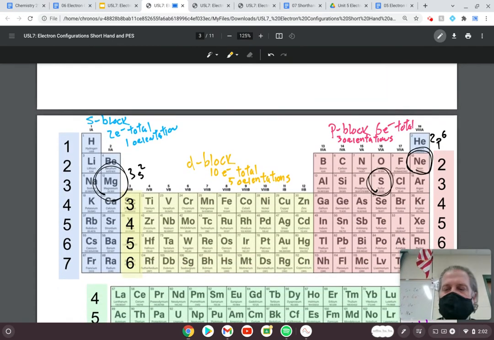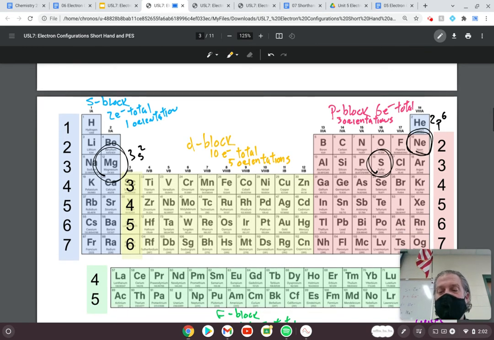I can predict that because of where sulfur is, it is in the P block. It's in the third row. So it's going to be a 3p, and it's going to be 1, 2, 3, 4. So it's going to be 3p4.